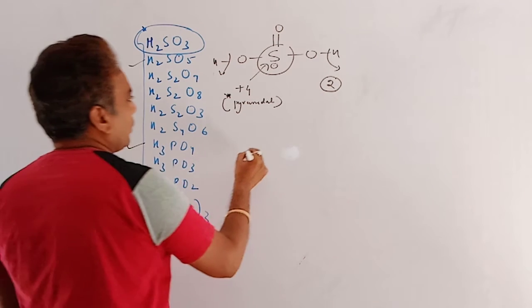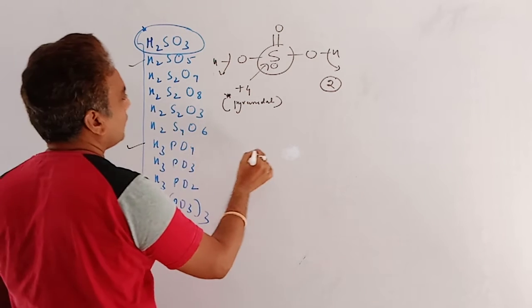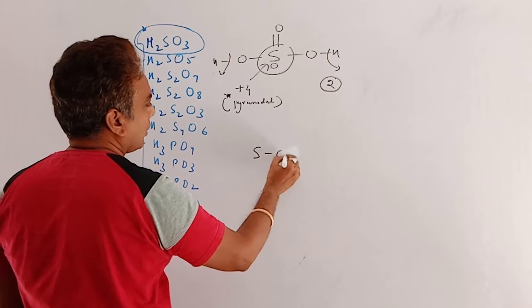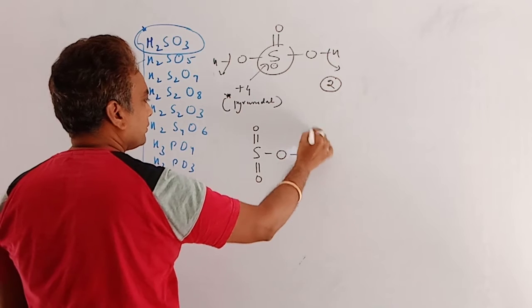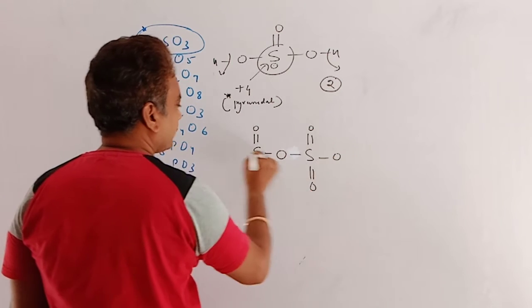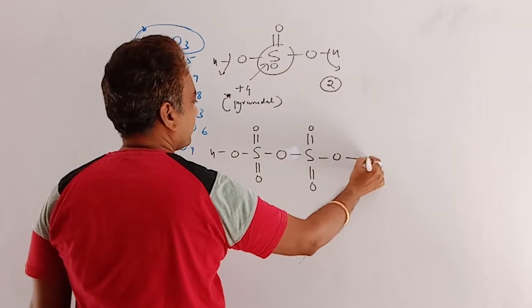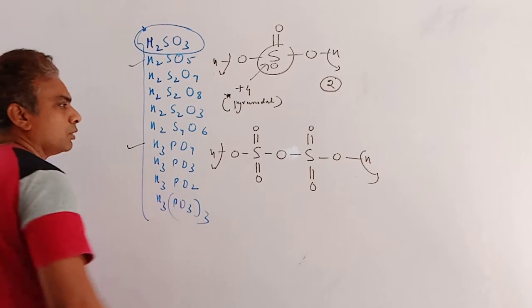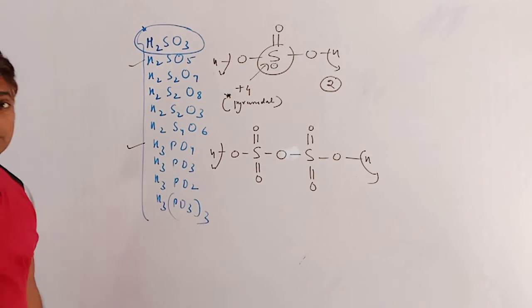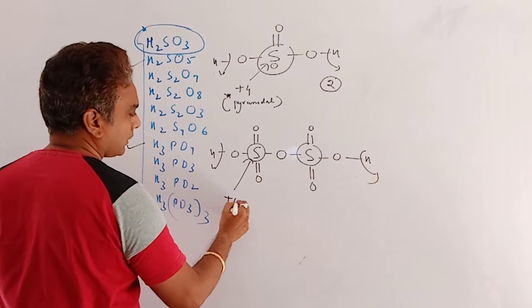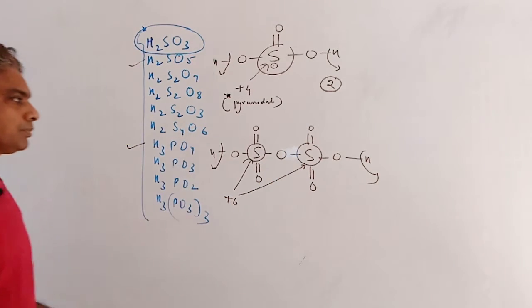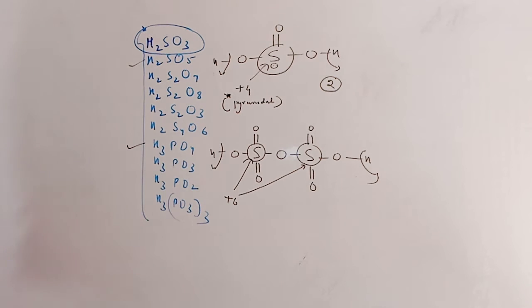In case of H2S2O7, firstly, this is oleum, like this. Two hydrogens are directly attached with those, so the basicity of this molecule is 2, and the oxidation state of each sulfur is +6. Clear?